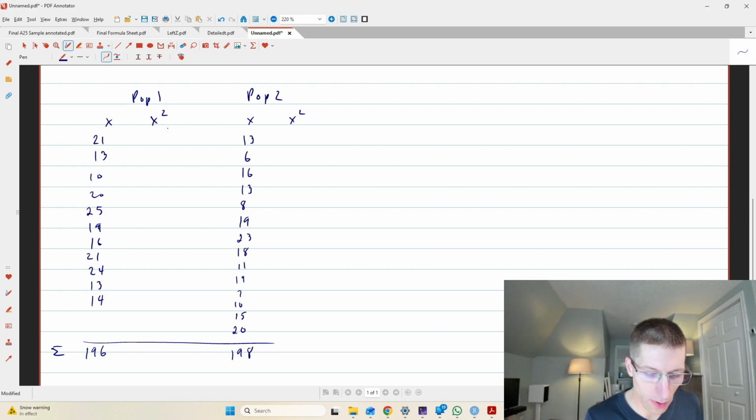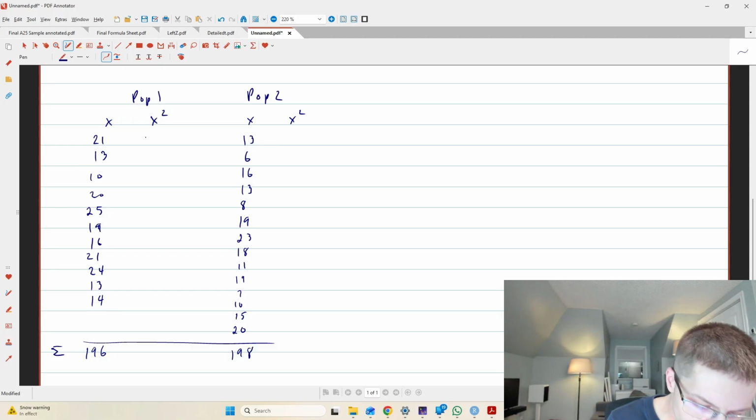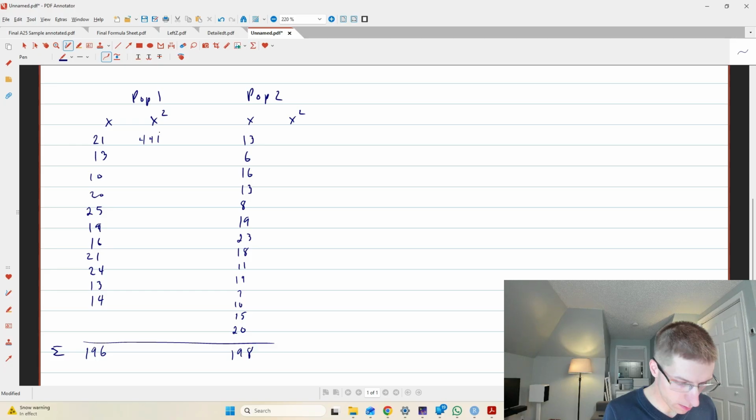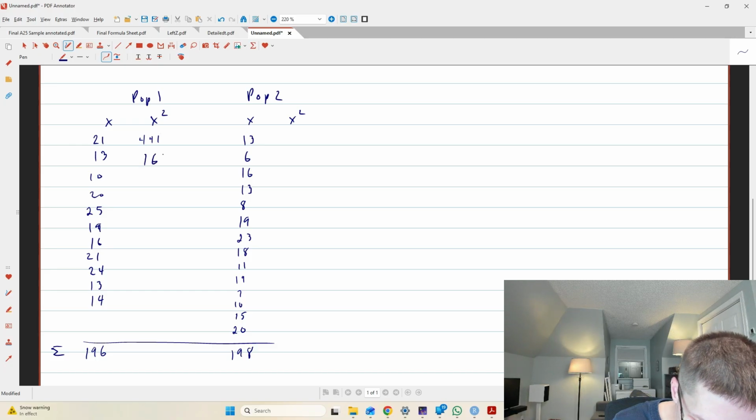And now x squared. So this is super tedious. 441. 13 squared is 169, I think.